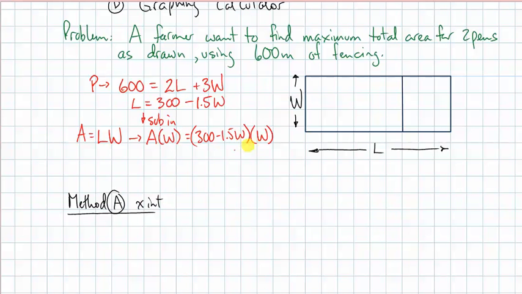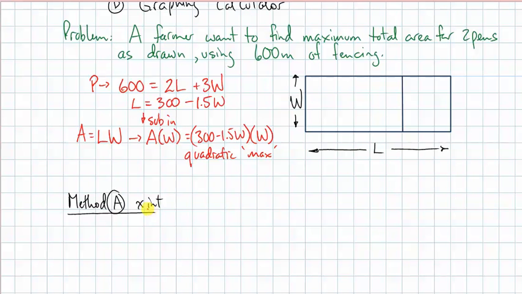You'll notice at this point, this is now a quadratic, because I only have one variable, w, and it's multiplied by itself, therefore it's squared. Another thing to notice is that because the w term has a coefficient of negative 1.5 and a positive coefficient of 1, this is a negative quadratic, so it's a maximum problem because of the negative sign.